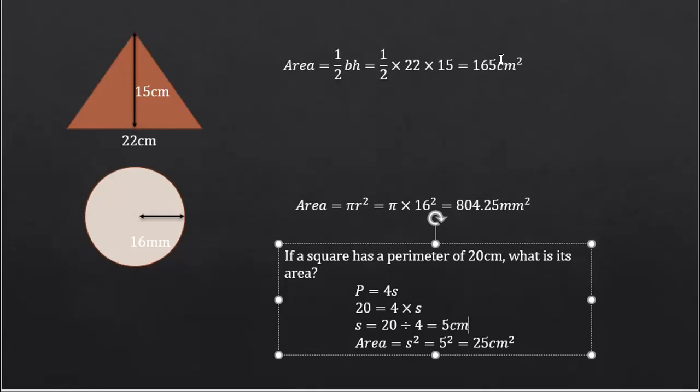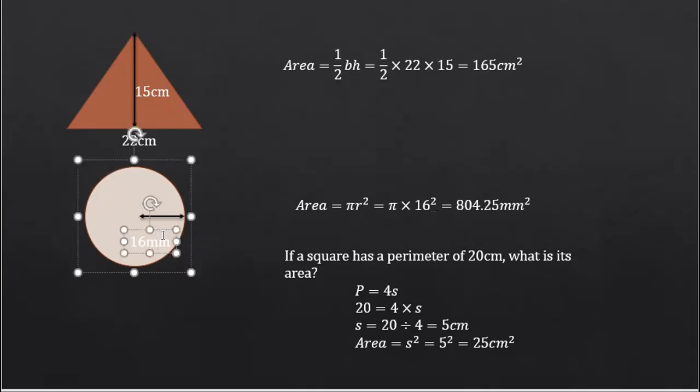And why do we have centimeters squared? It's because it's centimeter multiplied by centimeter, and anything multiplied by itself is squared. If you multiply it 3 times, it's cubed. That is why, whether it's centimeters, meters, millimeters, or kilometers, when we're dealing with area, it's always going to be squared.